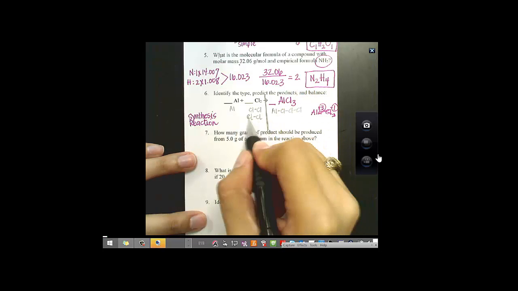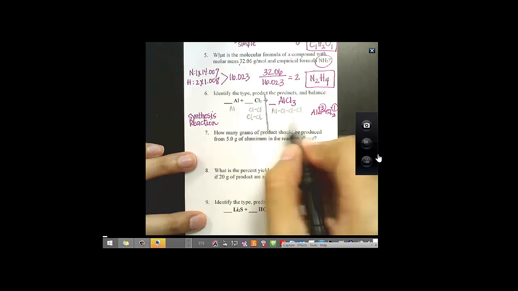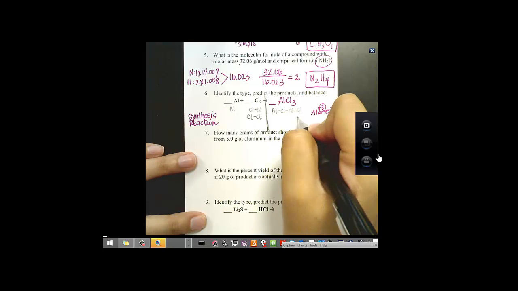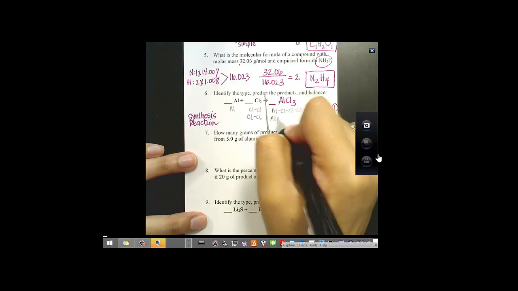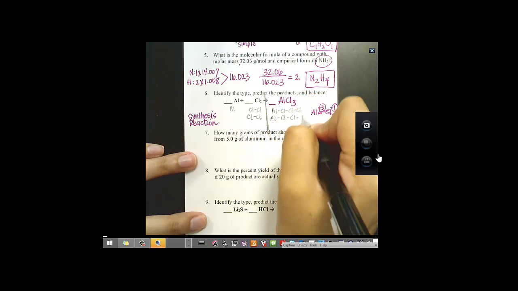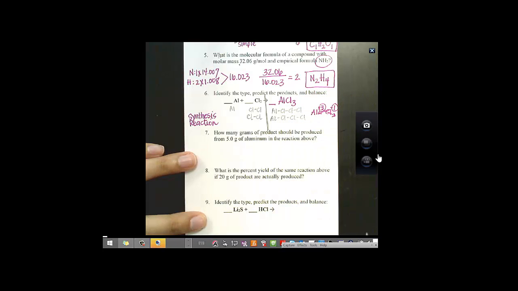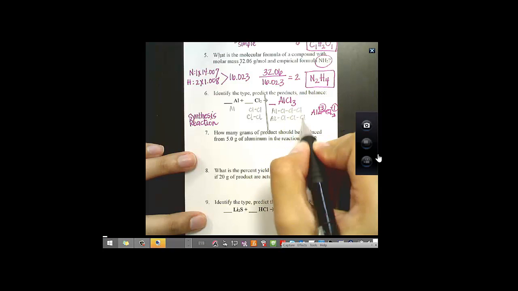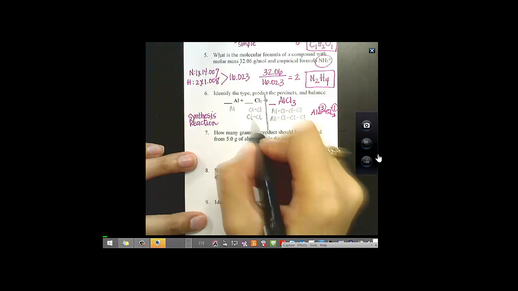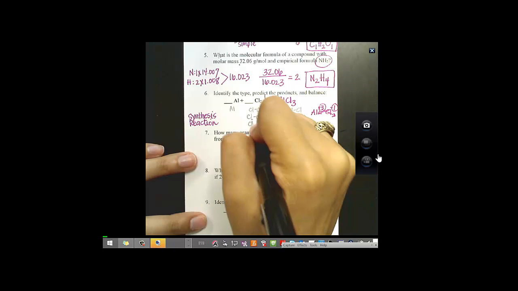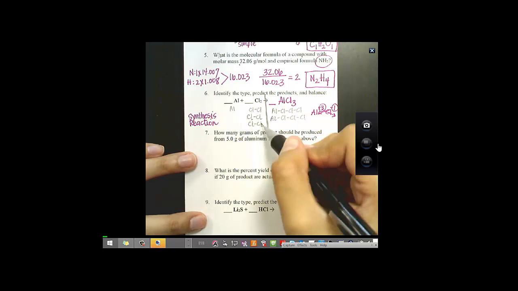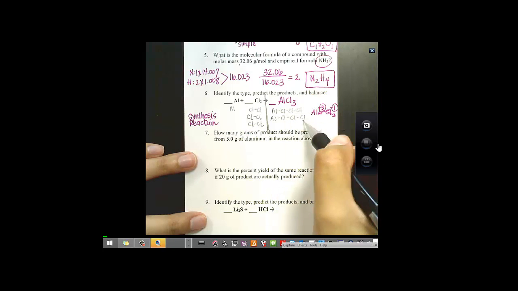Now I have 1, 2, 3, 4 on the left side, and 1, 2, 3 on the right side. So I need another chlorine on the right side, but I have to add a whole other molecule. Now I have 1, 2, 3, 4, 5, 6 chlorines on the right side and only 4 on the left, so I have to add 2 more. I do this until both sides are balanced. So now I have 6 and 6.